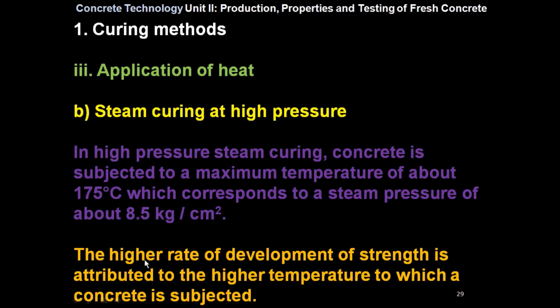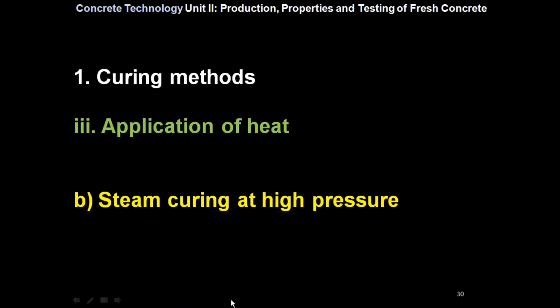The higher rate of development of strength is attributed to the higher temperature to which the concrete is subjected. So we have seen the second method of application of heat, that is steam curing at high pressure.